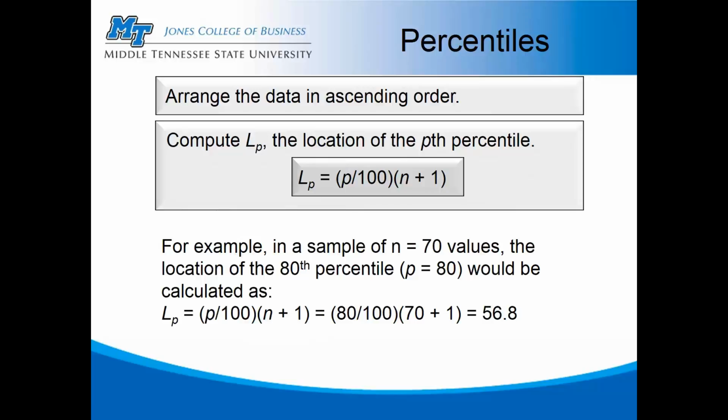What's the value such that 75% of the data is less than or equal to this. But you can get things other than 50%. 50% of the data is less than or equal to the median. But 25% of the data is less than or equal to the first quartile.